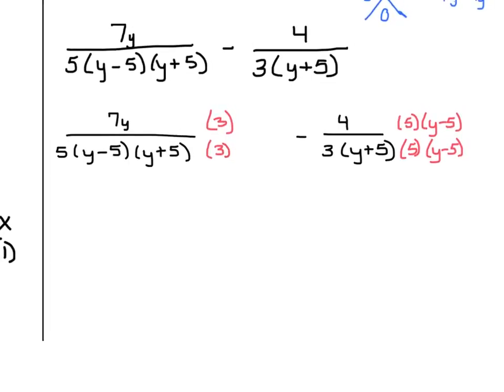All right, so let's simplify here. What's 7y times 3? 21y. On the denominator, I'm going to multiply 5 and 3 together because that's pretty simple, 15. But I'm going to leave my y minus 5 and y plus 5 in parentheses.